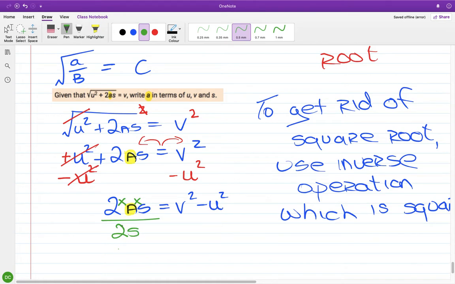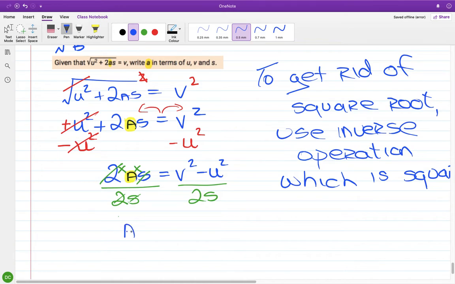Okay, dividing by the 2 will remove the 2, and dividing by the s will remove the s. Yeah? But if I divide by 2s here, I have to divide by 2s over here. So then a is v squared minus u squared over 2s. Okay, so that actually is manipulation of formula finished.